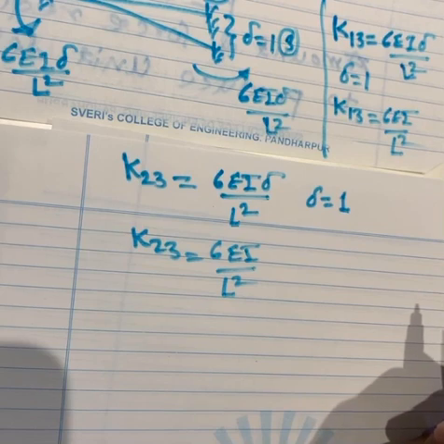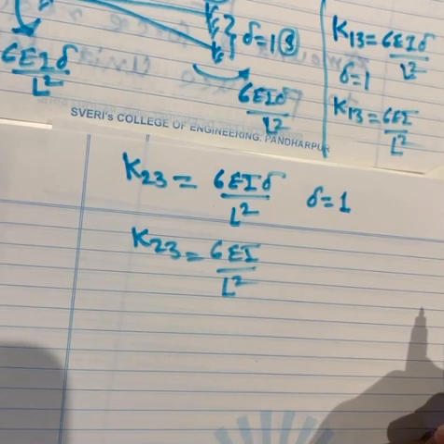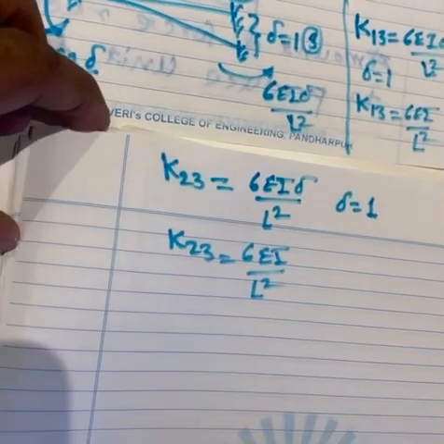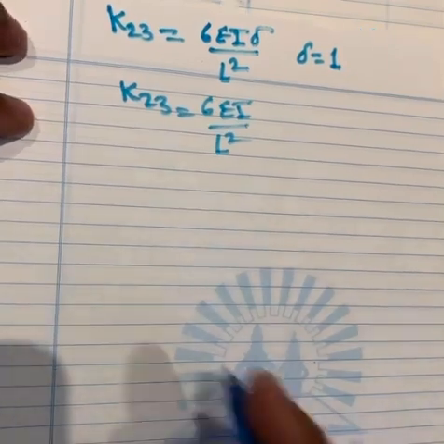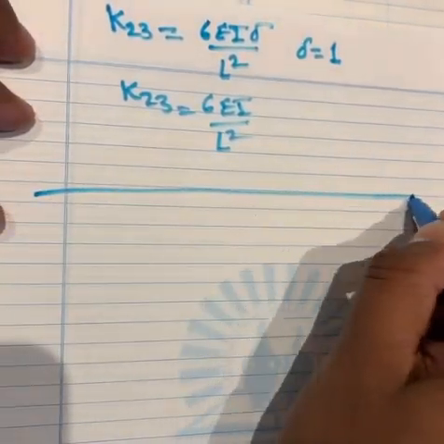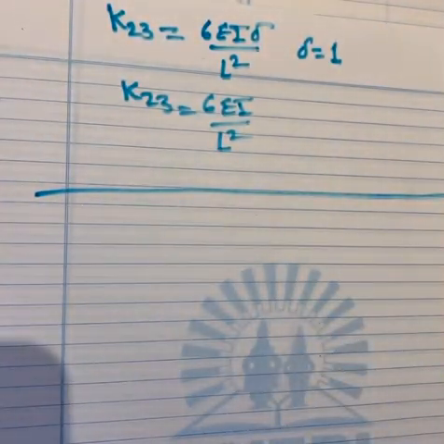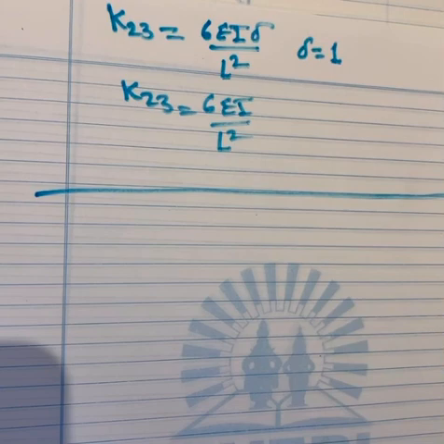So let me write the steps of solving the problem in the stiffness method. So what are the steps? We will note down one by one, and then we will be able to solve the example correctly.